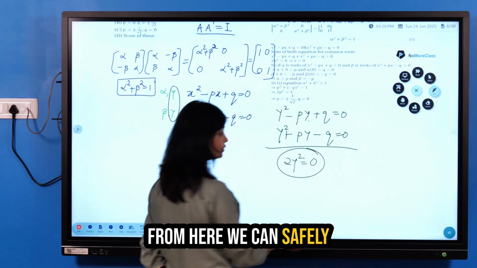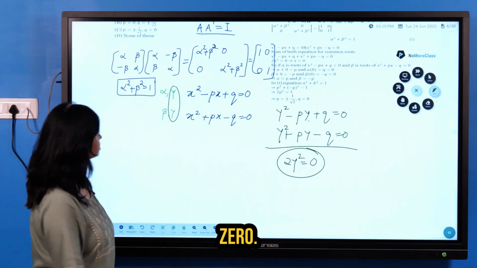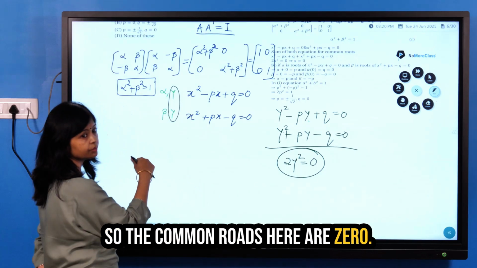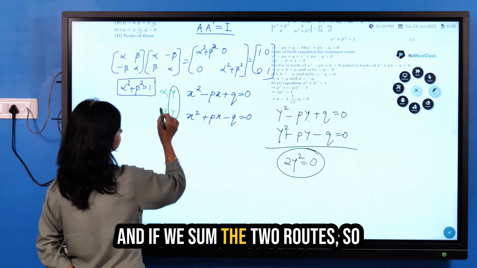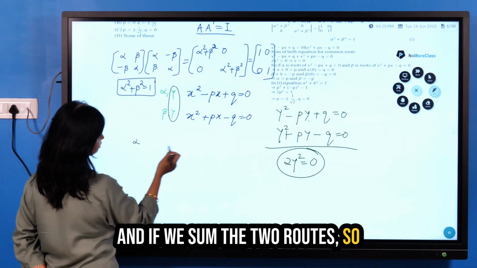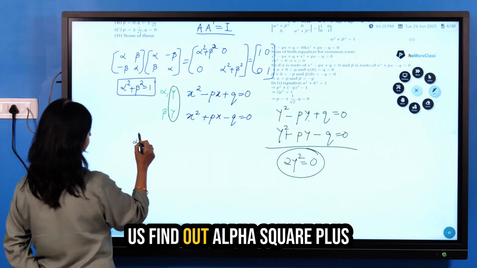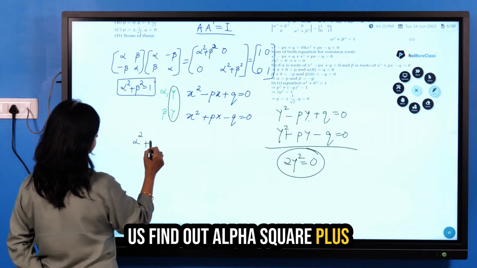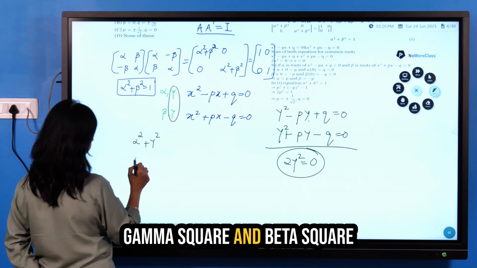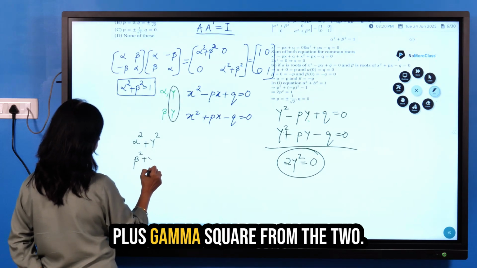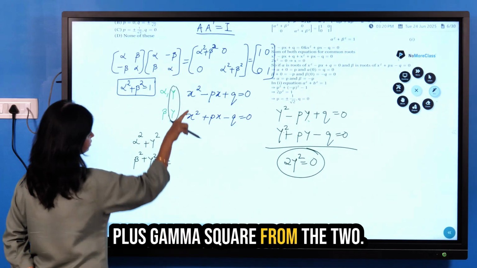From here, we can safely say that gamma is equal to 0. So the common root here is 0. Now let us find out alpha square plus gamma square and beta square plus gamma square from the two.